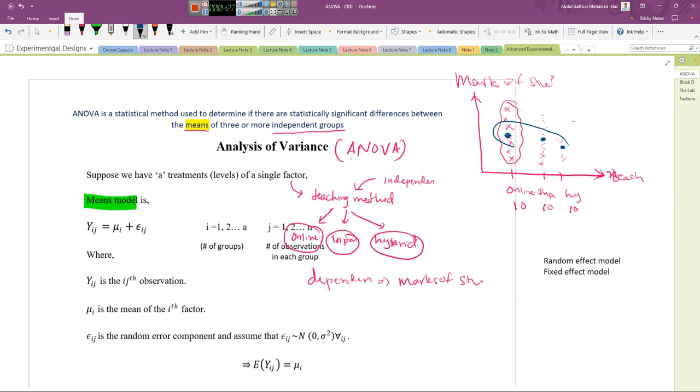The overall mean can be calculated by adding these three means and dividing by 3, and that will be y double dot bar. Otherwise, we add all the data points and divide by the total number of data points: the total marks of all 30 students divided by 30 will be our y double dot bar.